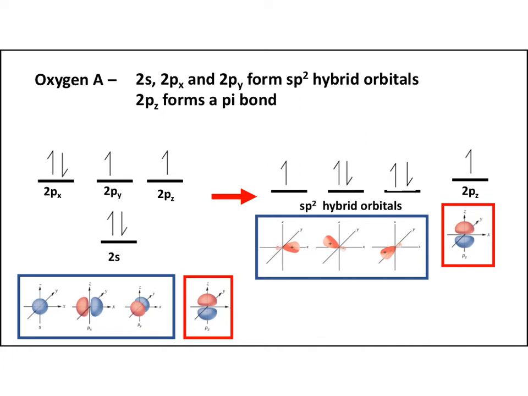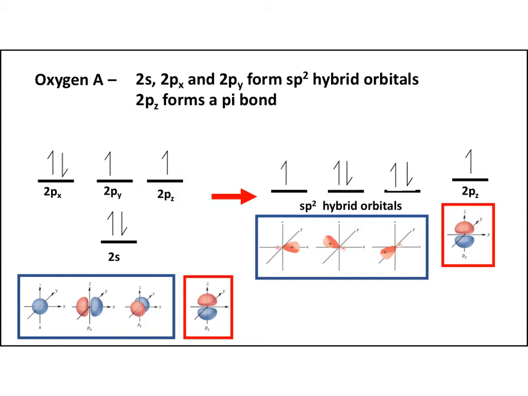We'll have a look at oxygen now, so let's consider oxygen A first of all. I'm sure you remember oxygen has got 6 electrons in the outer shell. So the 2s is going to have 2 electrons in, along with the 2px.